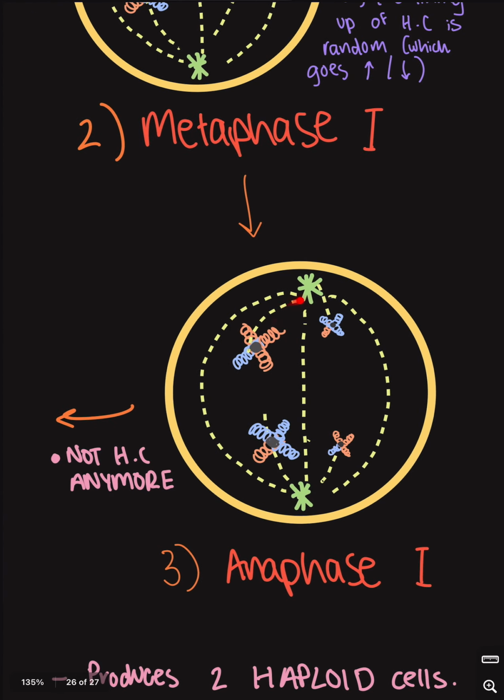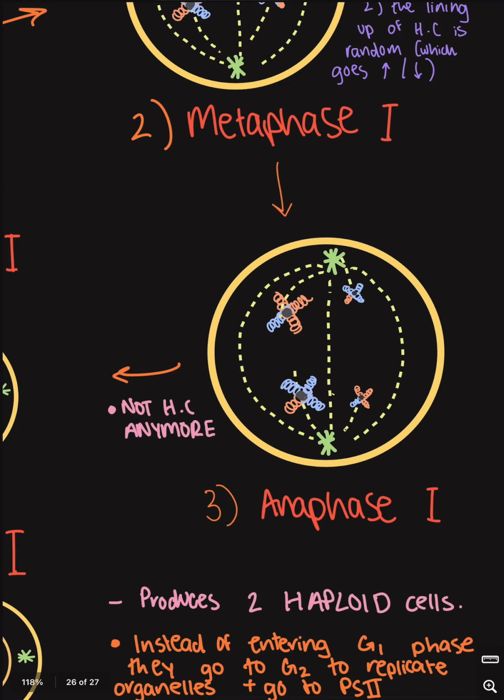So then the spindle fibers attached to the sister chromatids start to shorten. And now because these are not next to each other, they are not considered homologous anymore. They're just known as sister chromatids, okay? And the continuous spindle fibers that go from centriole to centriole get longer in anaphase 1.